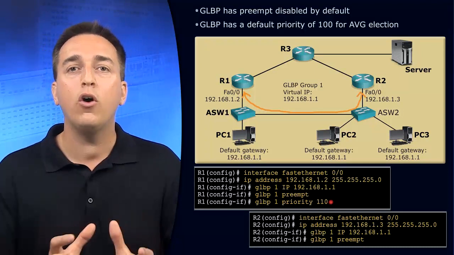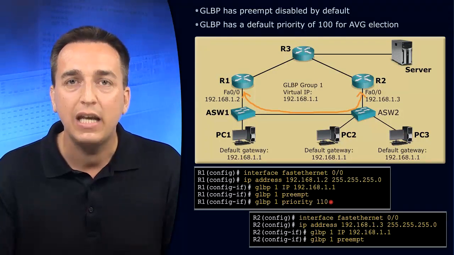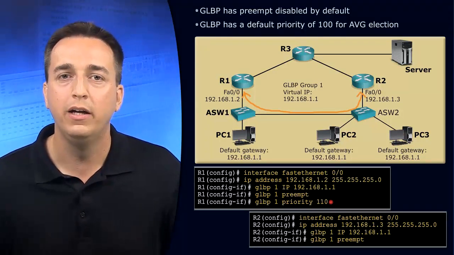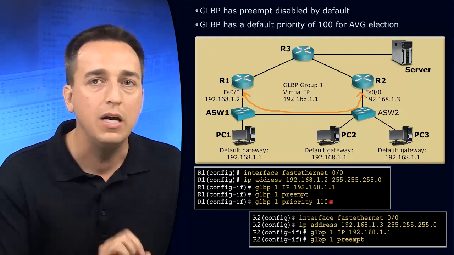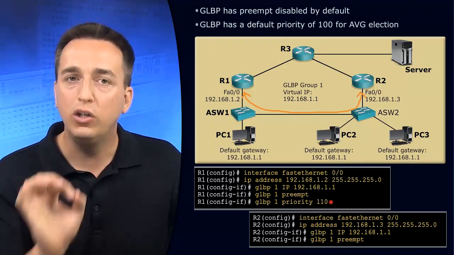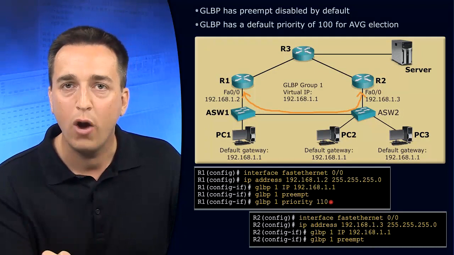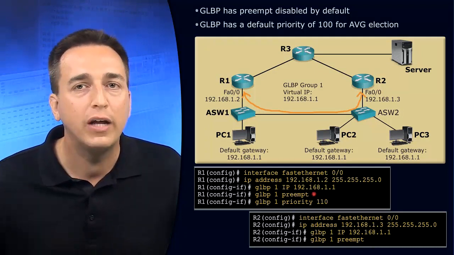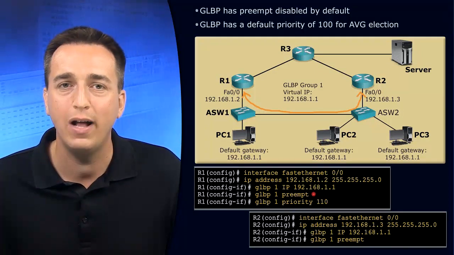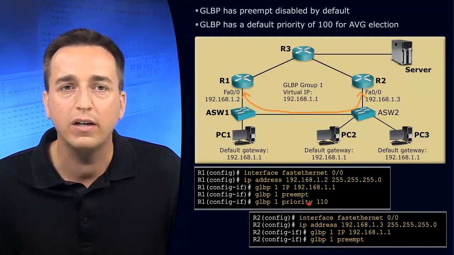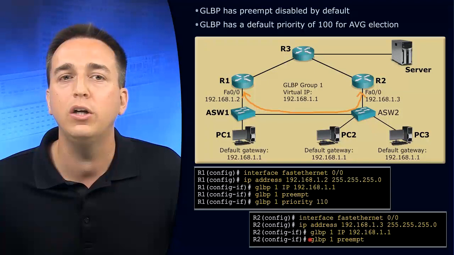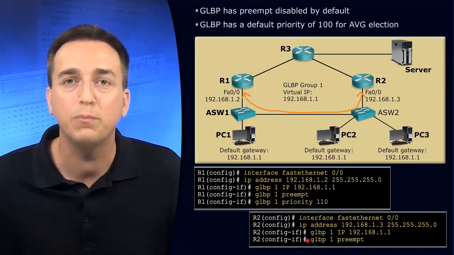But it's only going to take back the role if it has the higher priority. By default, the priority for the AVG is 100. So if you want a specific router to be the AVG, you will have to give it a higher priority and make sure that you've enabled preemption as well, which we've done here. And when we compare the configuration to R2, notice the only command that's missing is the priority command.